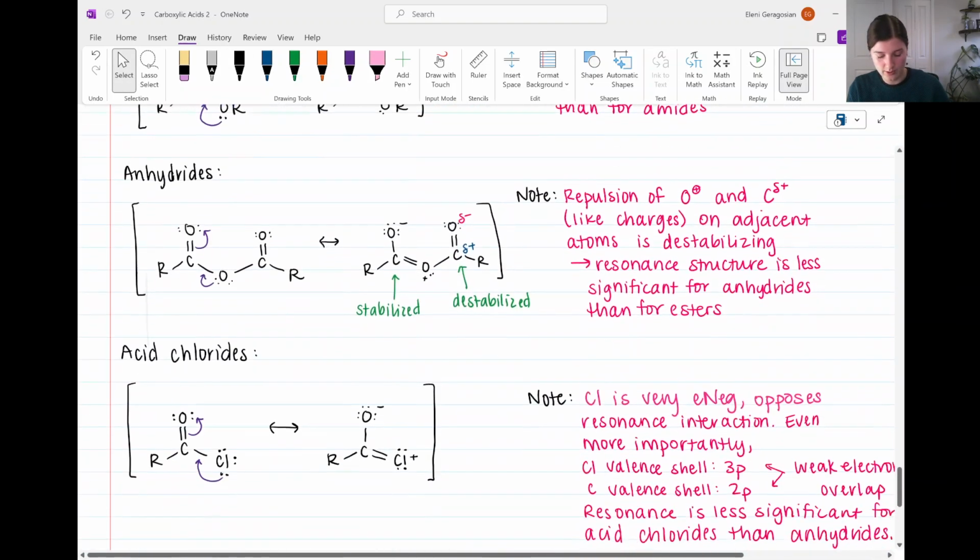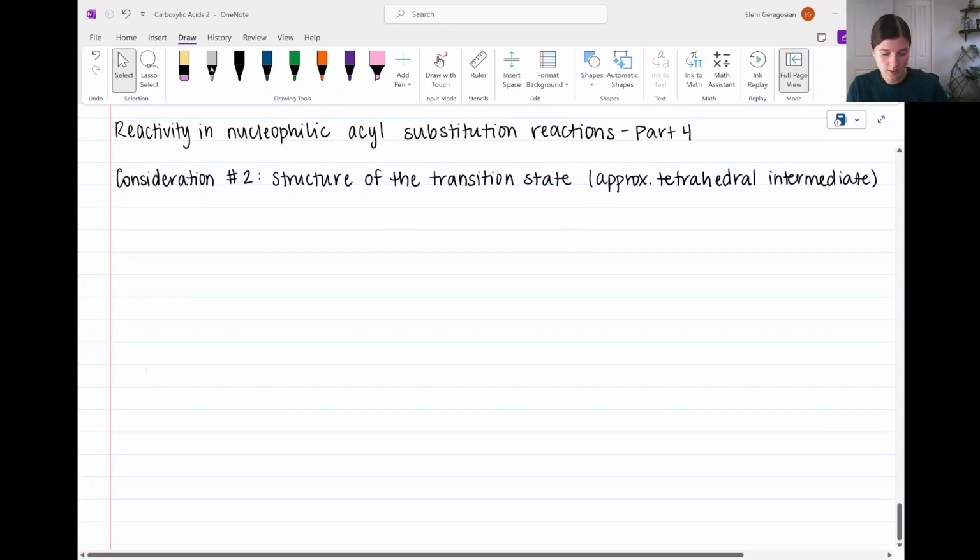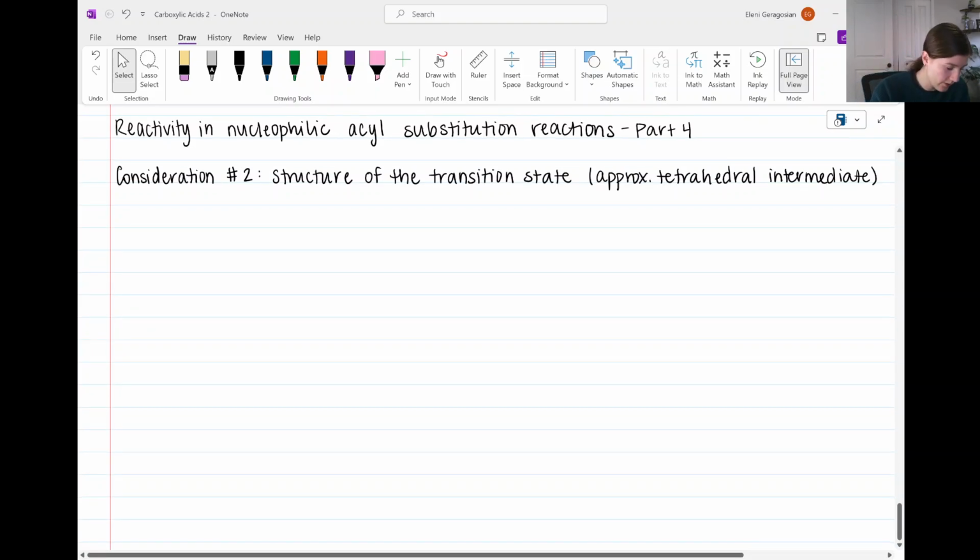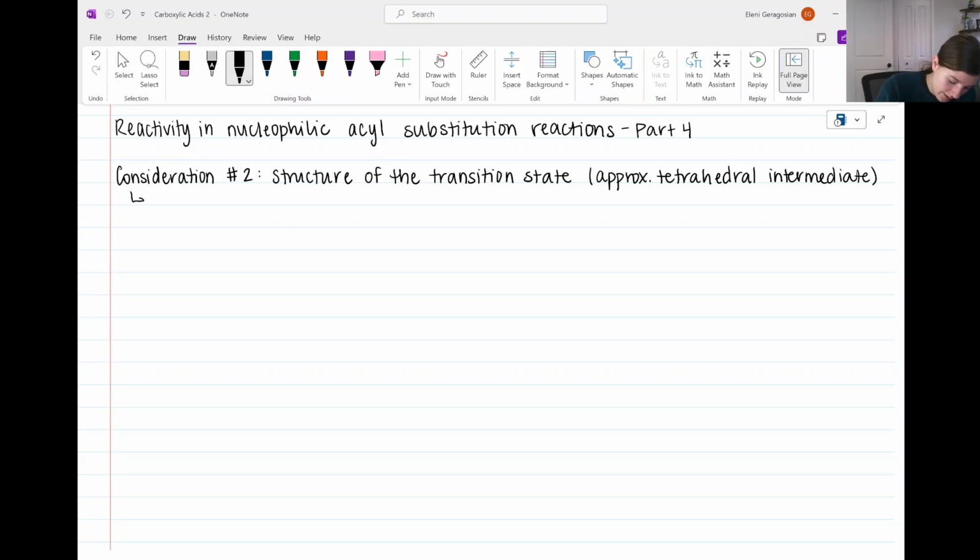So going back down to our current notes, we're thinking about the structure of the transition state, and more specifically, the polarity of this general Y group and its effect on the stability of the transition state.